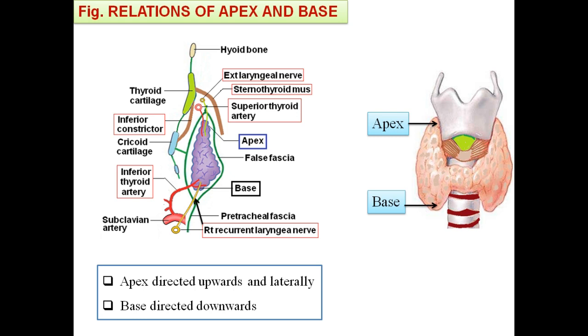The apex extends up to the oblique line of the thyroid cartilage. The base is related to the inferior thyroid artery, which arises from the thyrocervical trunk, and the recurrent laryngeal nerve, which comes directly from the vagus nerve.